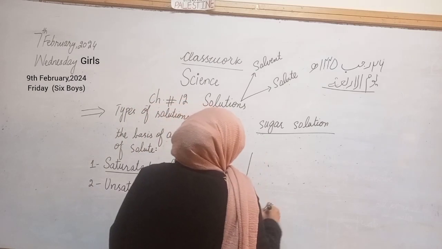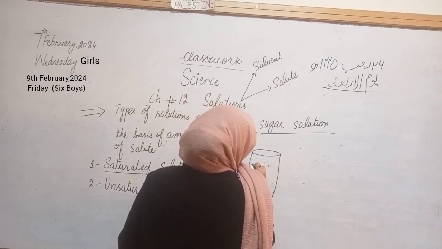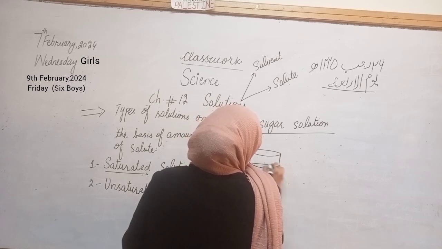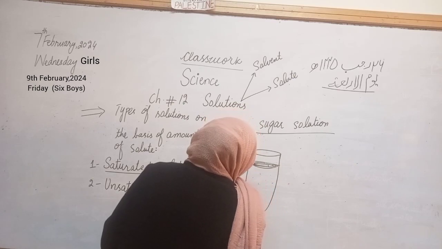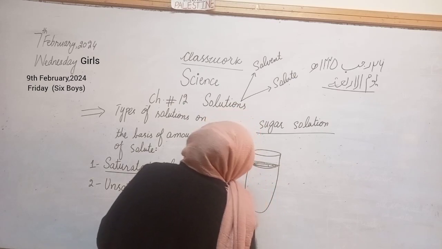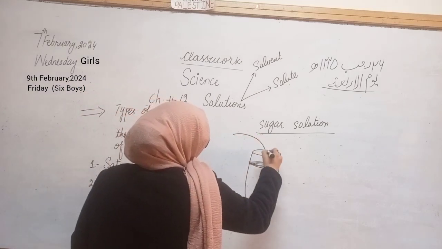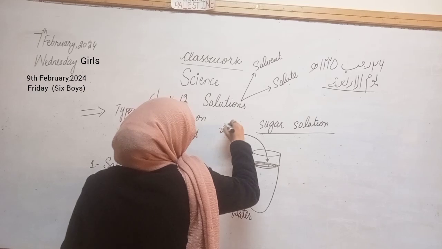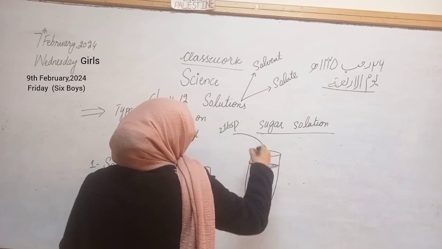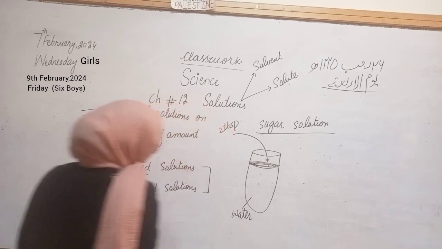When we take a glass of water, here is water, then we will pour sugar, only 2 tablespoons. We will mix sugar in water and we will get a solution.